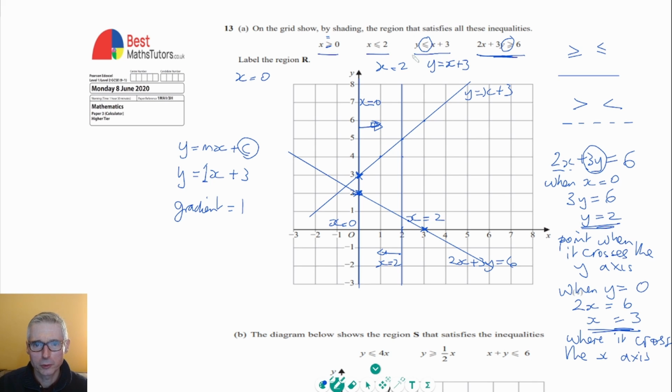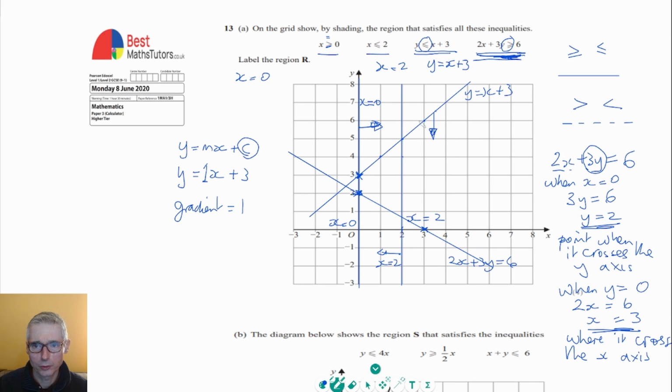And then we can also then look at this one here. The third one is saying that y is less than x plus 3. Well, since this line is y equals x plus 3, if y is less than that, we're going to be below that one. And then finally, we've got that 2x plus 3y is greater than or equal to 6.